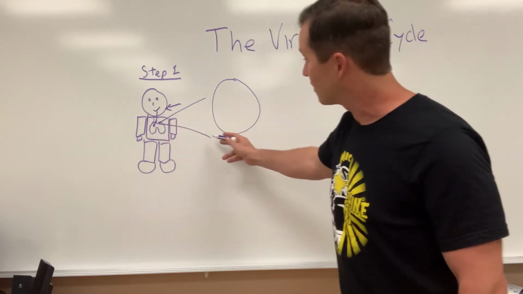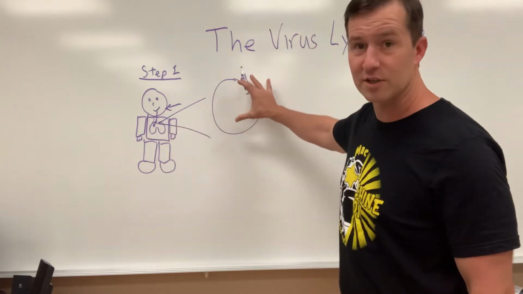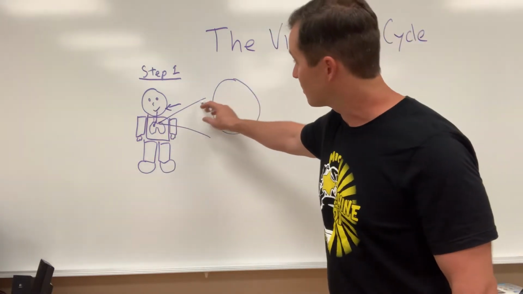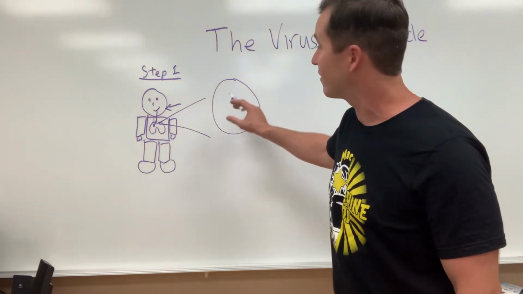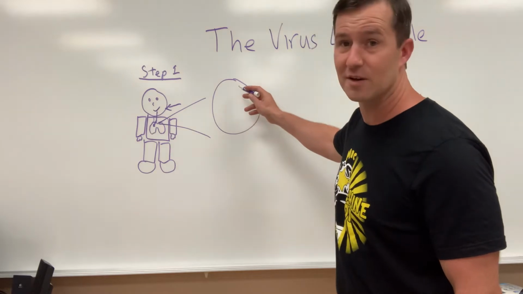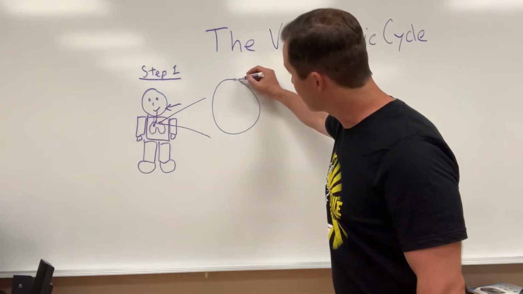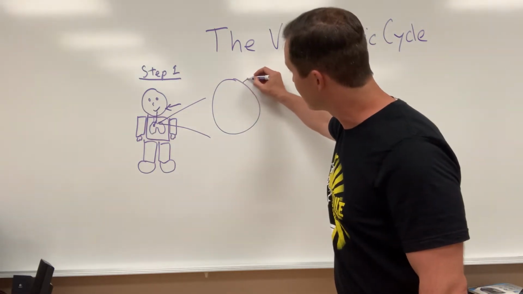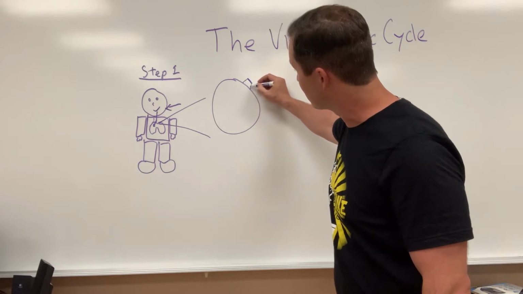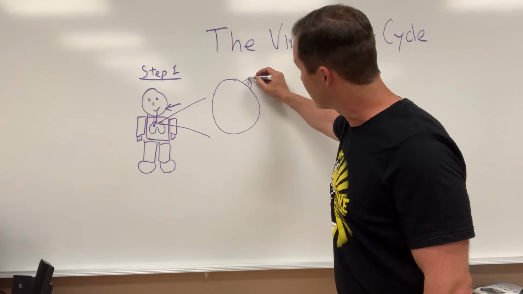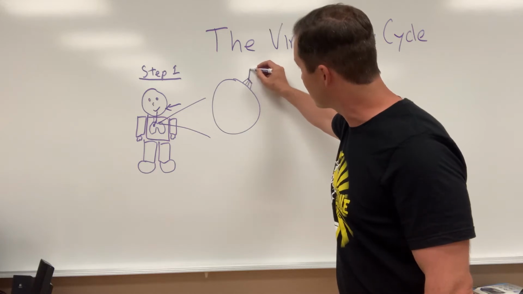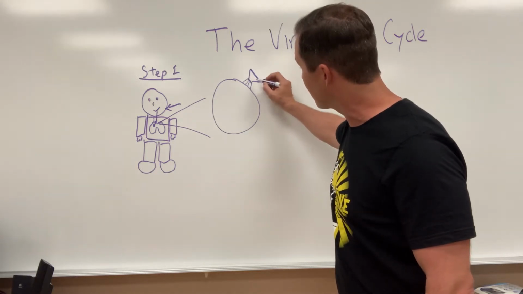This is like a blown up version, like if we were looking through a microscope inside of a lung and we found a cell, this would be the cell that we're looking at. And then here's the virus. They look like little alien spacecraft ships. Not all of them look like this, but this one's going to look like that.